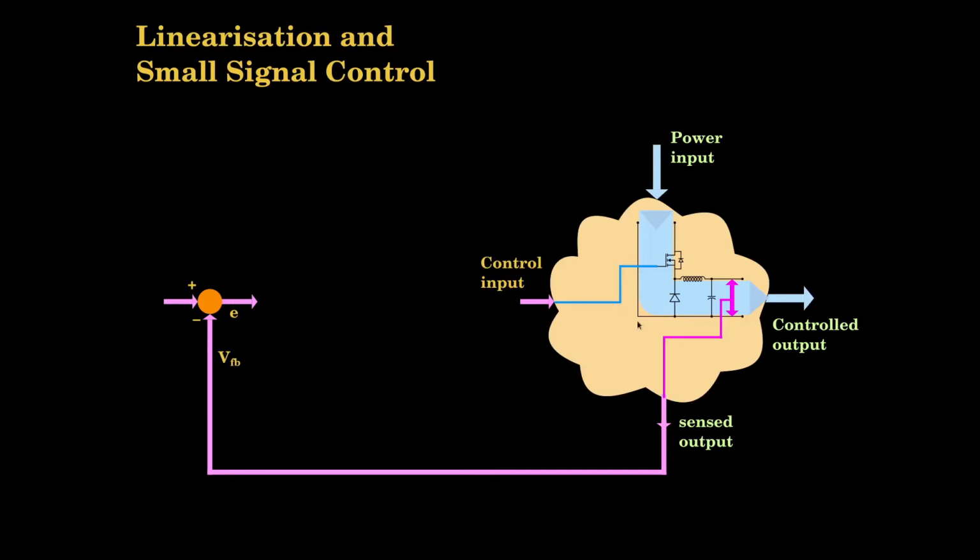So you have the sensed output Y, then you have the controller; the error goes through the controller and finally the output of the controller goes as the control input.